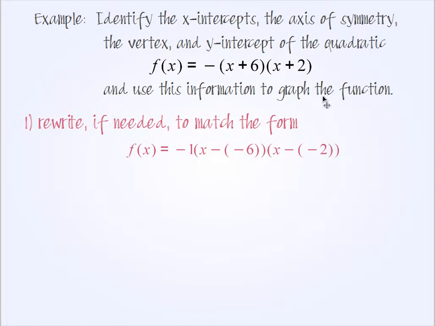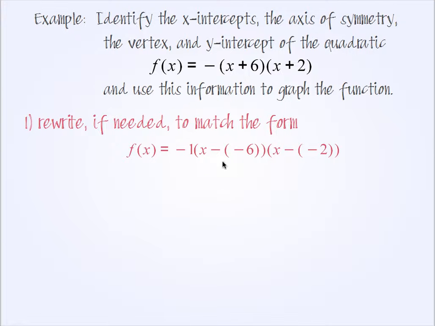So, remember how p and q were being subtracted from x? And also remember how subtracting a negative is the same as addition? So if I need to, I can actually rewrite these two factors so that I have subtraction. So I'm going to go ahead and write that -1 out front because it's going to come in handy in just a little bit.